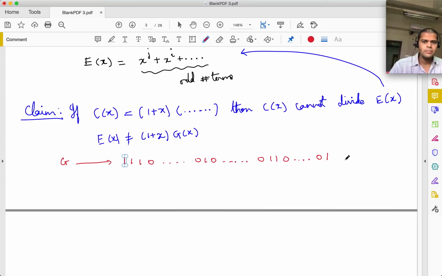And now I multiply it. So this is when I multiply by 1. When I multiply by x, essentially I'm just pushing the bits 1 place to the left. That's what it means to multiply by x. So I'm having 1 over here. Here I end up with 1 1 0. So here I have 1 0, here I'm going to have 1 1 1 0.